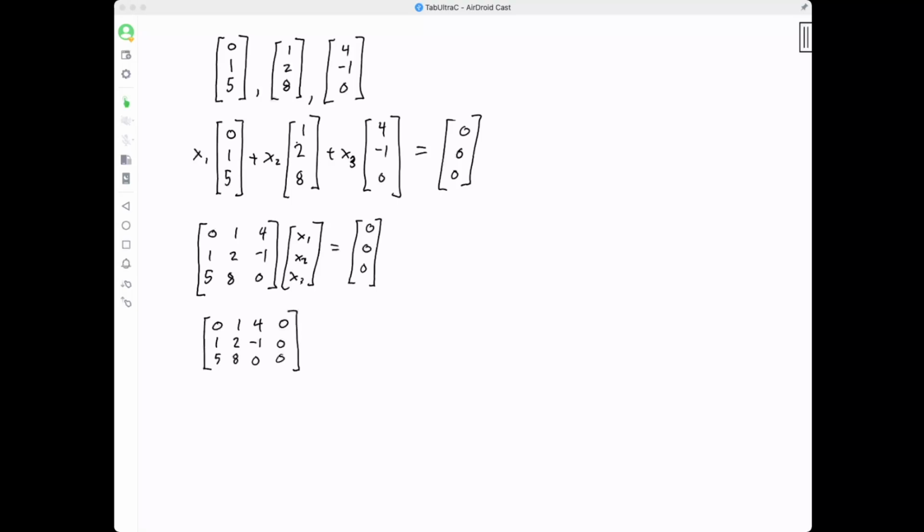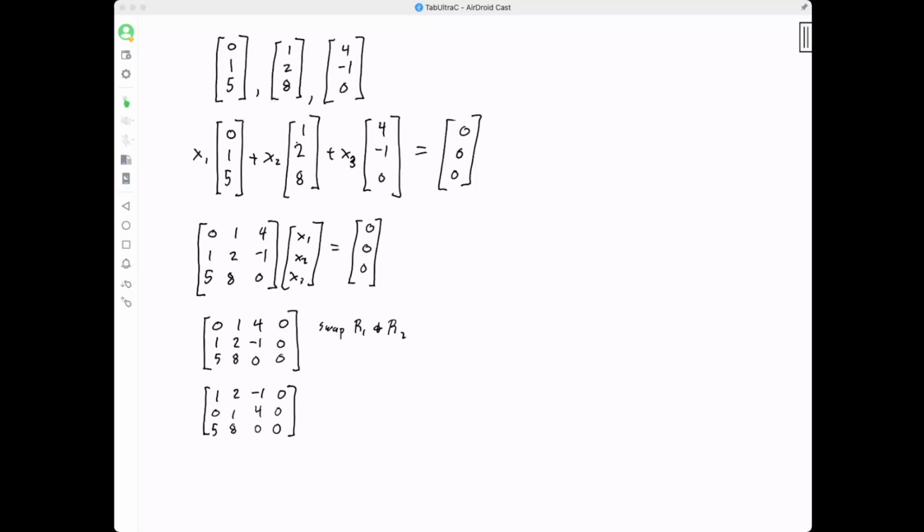To find the reduced row echelon form, the first obvious step is to interchange rows 1 and 2. When I do that, I get 1, 2, -1, 0, 0, 1, 4, 0, 5, 8, 0, 0. Now I want to zero out everything below that leading 1 in the first row.